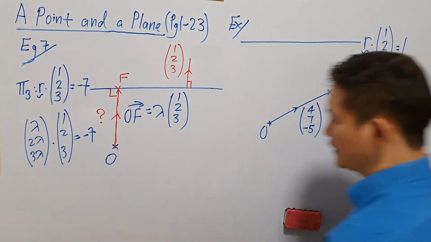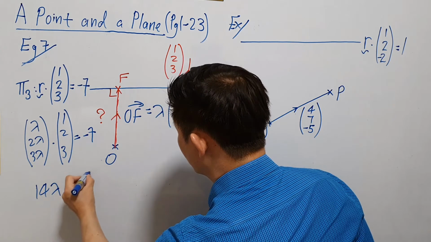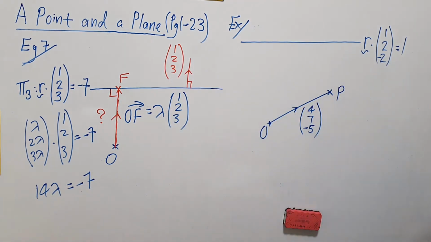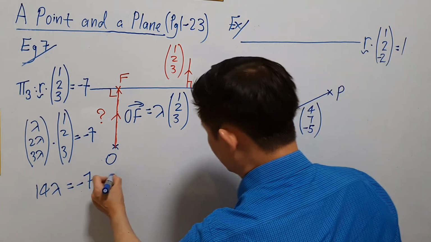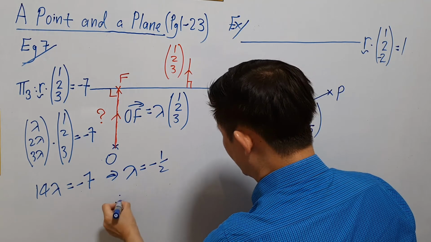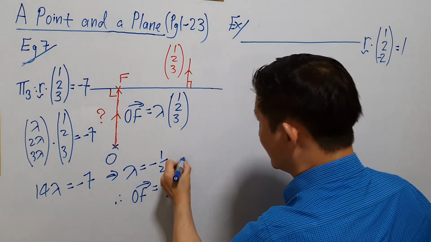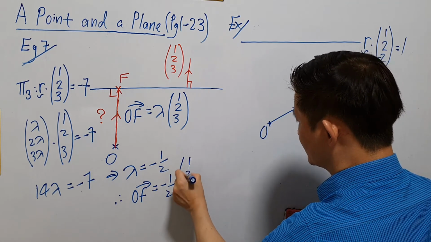You do your arithmetic, you will get 14 lambda equals minus 7. I just check to make sure the equation of the plane is copied correctly. Yep. And then from here, I can see that lambda is equal to minus half. So therefore, the point OF is equal to minus half of (1, 2, 3).